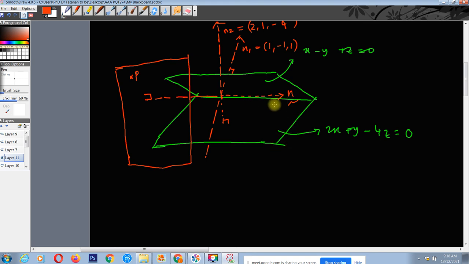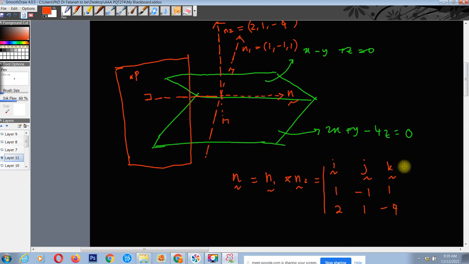To get this normal, the normal equals n1 cross n2. So we have i, j, k, then 1, negative 1, 1, and 2, 1, negative 4.